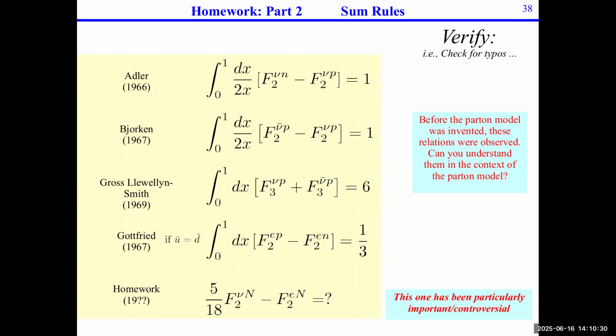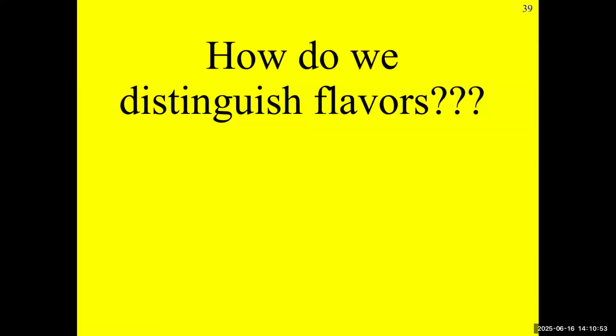These were discovered actually before the parton model. You can link this to the parton model. And so, as I say, before it was invented, they noticed these relations. Then you can go back, and if you work out, use the info on the last slide, you can verify that it makes sense. This one in particular is quite useful, and we'll use that when we come to the strange analysis.